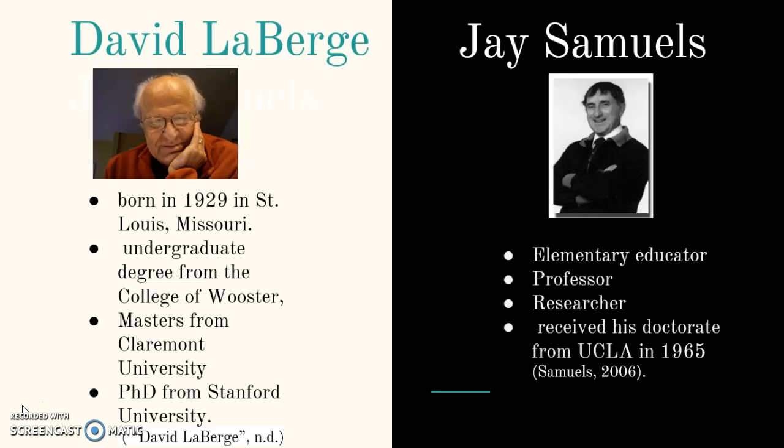LaBerge did not know how the machine could be used in reading instruction, so he came to Samuels, who had previously been a classroom teacher for 10 years, for advice, and the two began discussing the reading process. The two worked together for a year, and as a result, the model of automatic information processing emerged.